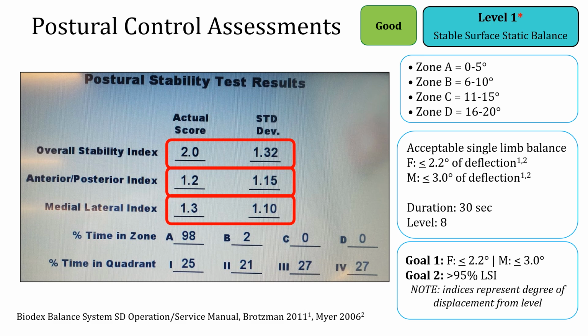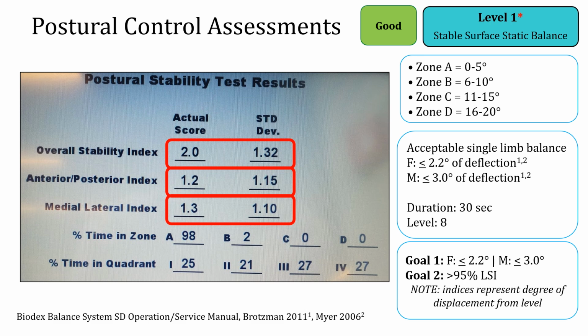So you could have very low range of the center of pressure, but if there's high velocity or amplitude within how quickly the center of pressure is changing, that would obviously increase the length of the trace or trace excursion, as well as your mean velocity. But in this case, it doesn't give you the center of pressure. It would simply just be that you want to have the lowest standard deviation possible.